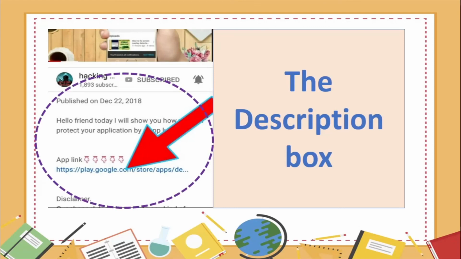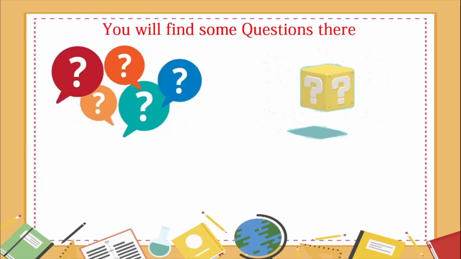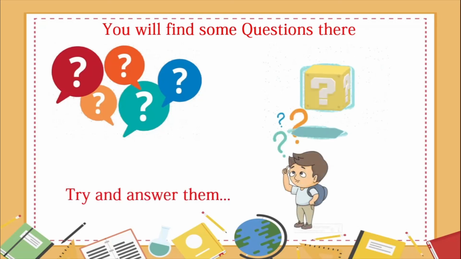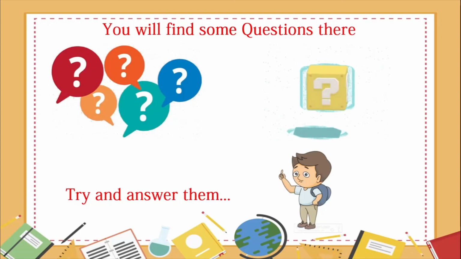Alright, and after you go to the description box, you will see that there are a few questions there. Now, what are these questions about? These questions are about the lesson that we just learned or the video that you just watched. So what will you do? You will think back properly about the lesson and you will try and answer these questions and note down the answers in your notebook if you want. Okay?